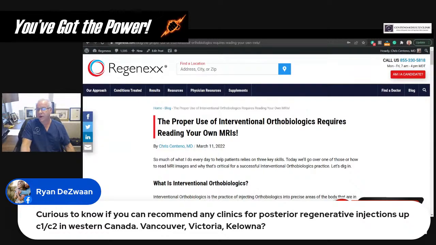Out of those 100, we probably have one that has injected that or the level above it, 0-1, more than a handful of times in their career. So the answer is it's unlikely that we're going to find someone in Western Canada who has a lot of experience injecting PRP into those upper cervical joints. And I know that's hard to hear, but that's just the reality of that situation.